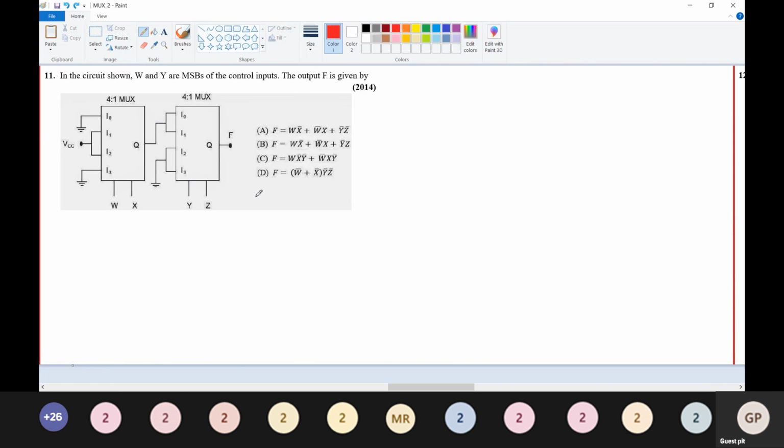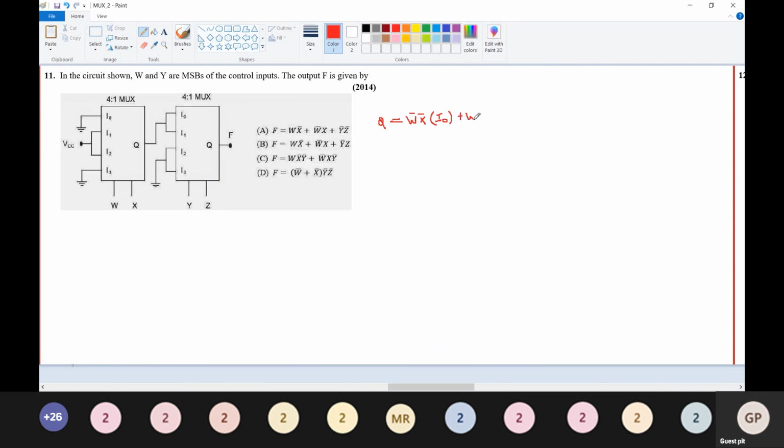First, I'll take the first 4:1 mux, with output Q. Q is equal to W dash X dash into I naught. This is the general expression.